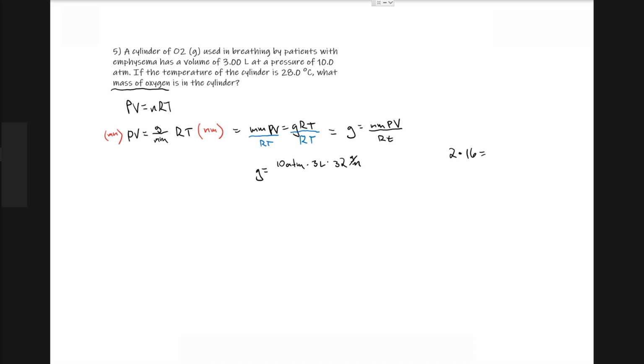But O2 gas has 2 oxygens per molecule. So the molar mass is 32, not 16. Don't forget that step. And then that's all over the ideal gas constant.